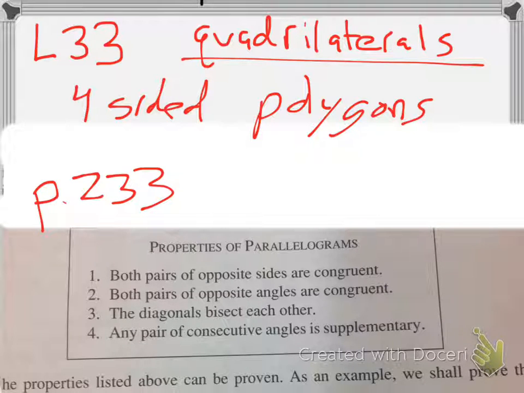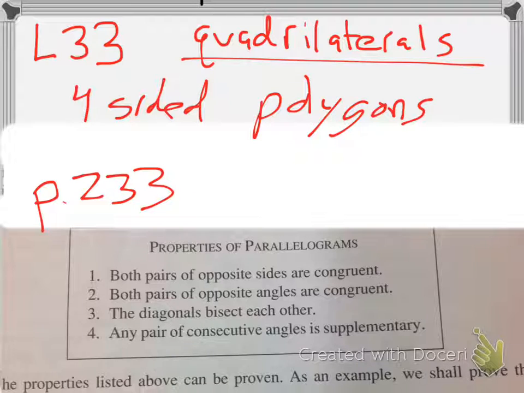What does it mean to bisect? To bisect something is to cut it in half. So the diagonals cut each other in half. And then any pair of consecutive angles is supplementary, which means that adds up to 180.